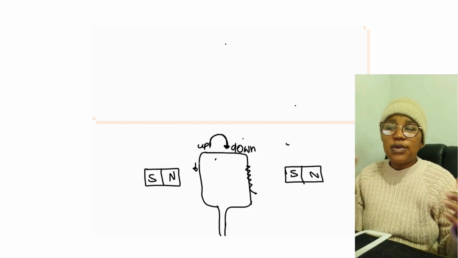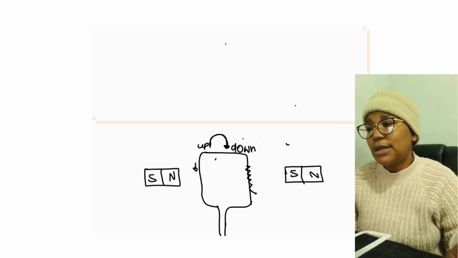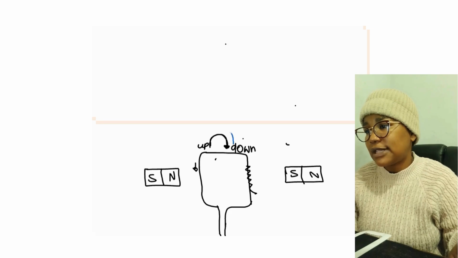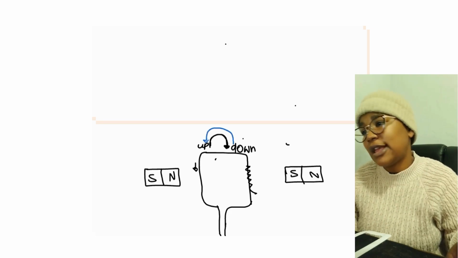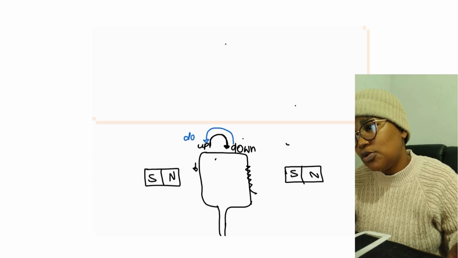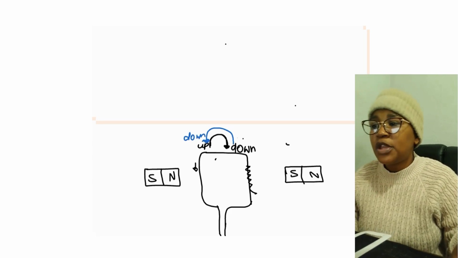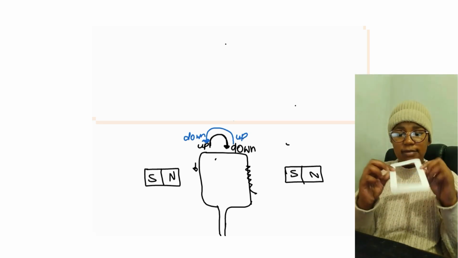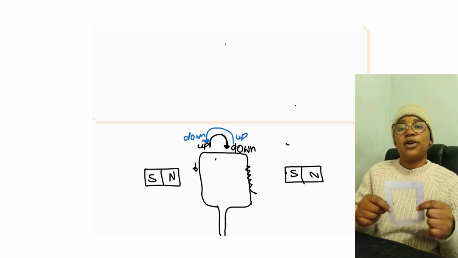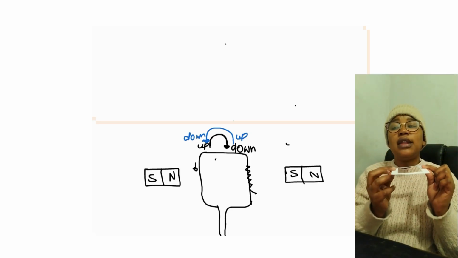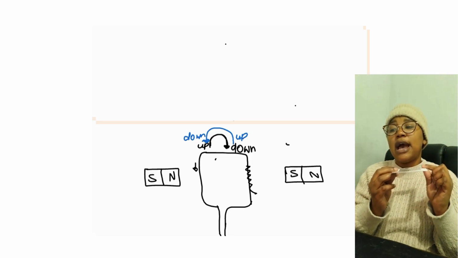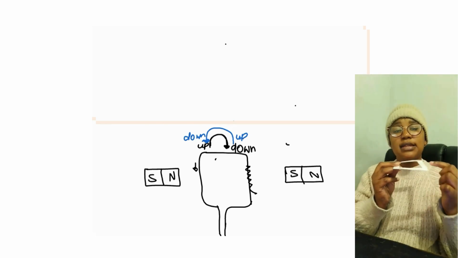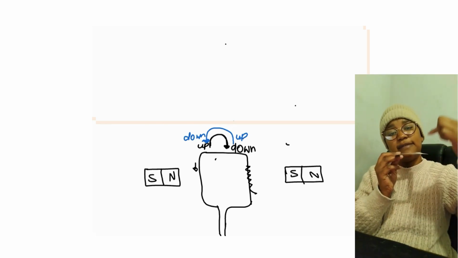And let's say it was anti-clockwise. I'm just going to indicate it with the blue pen. If it's anti-clockwise, it looks like that, then we expect that side to go down because the arrow is here. We expect the other side to go up. And guys, this is my coil. I hope it does look like a coil. If I use my coil to indicate that it's anti-clockwise and the arrow is pointing there, I have something like this.